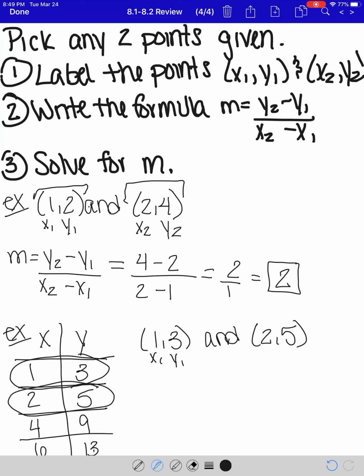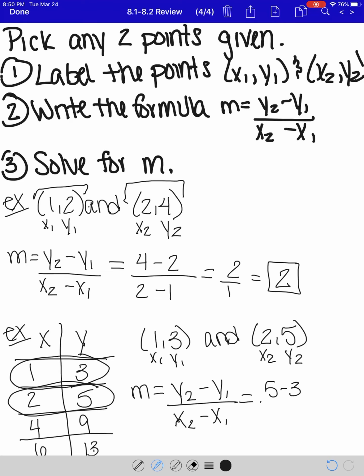I'm rewriting them so that underneath I can label them. X1, Y1, X2, Y2, M equals Y2 minus Y1 over X2 minus X1. Oh my goodness, that is the sloppiest X I think I've ever written. X2 minus X1. I am so sorry.